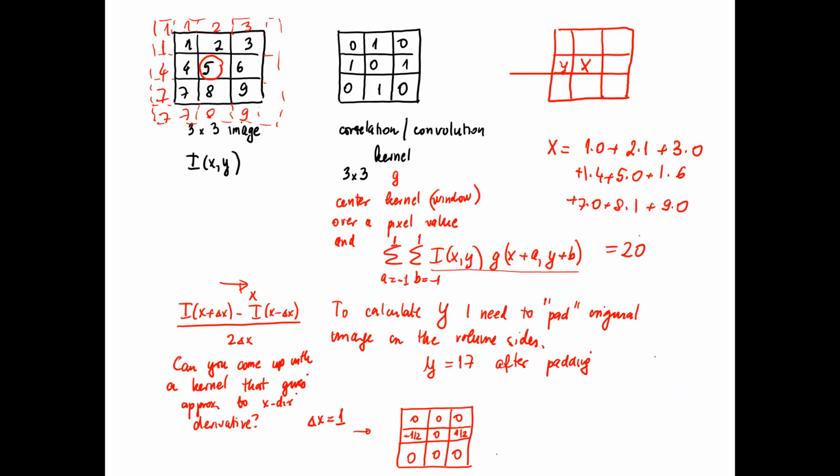Do you see it? So what would be the x direction derivative at this portion here? It would be this value minus this value, divided by 2. And that would be placed in the center in the convolved image. So convolution with this kernel would give me the central difference in the x direction.